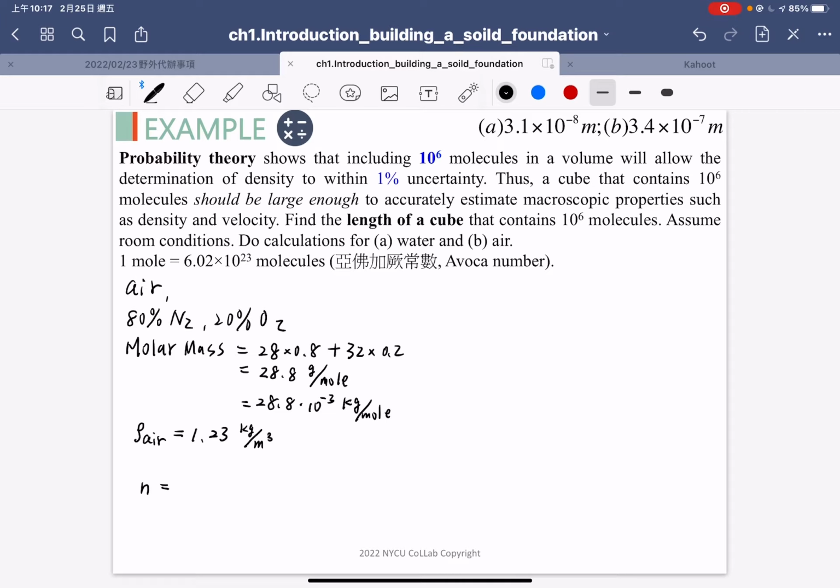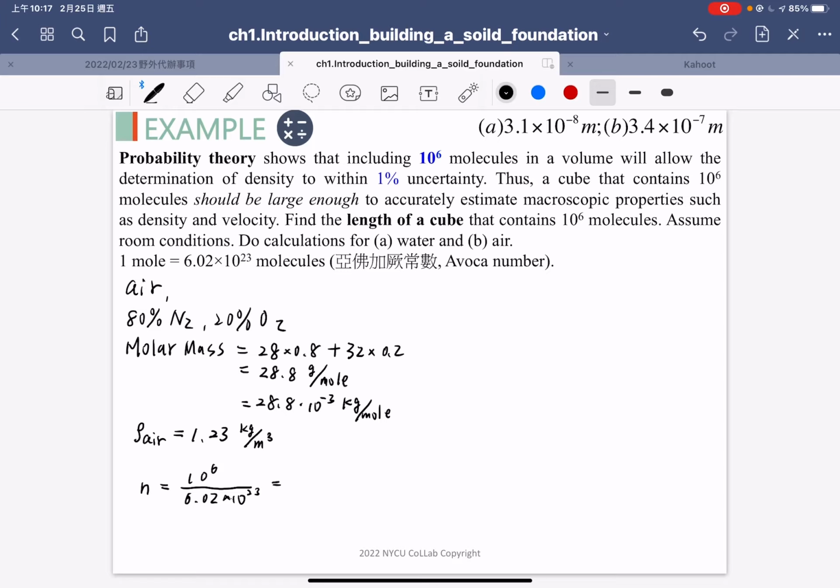The mole is equal to 1 million divided by the Avogadro number, which is 6.02 multiplied by 10 to the 23 power. Again, we can compute the moles for the air.